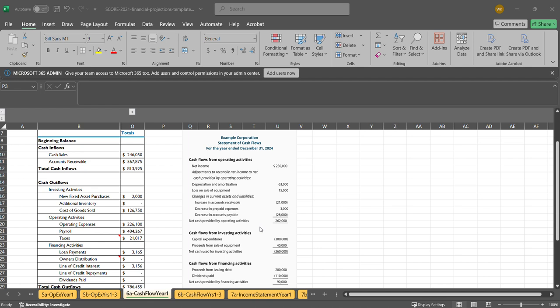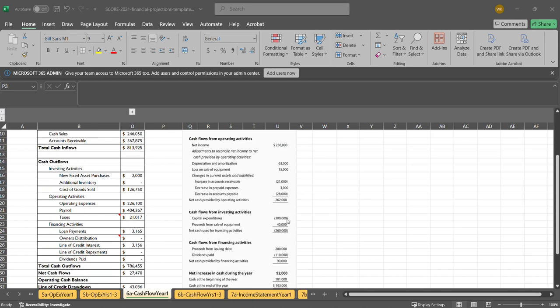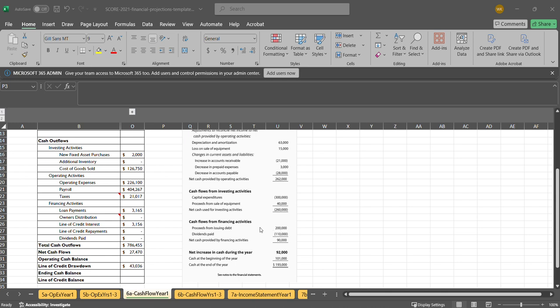And typically the cash flow statement starts with net income, and there are adjustments for anything that has an impact on cash. So these are the different activities in operations that impact cash: capital expenditures, proceeds from issuing debt, and then dividend payouts.